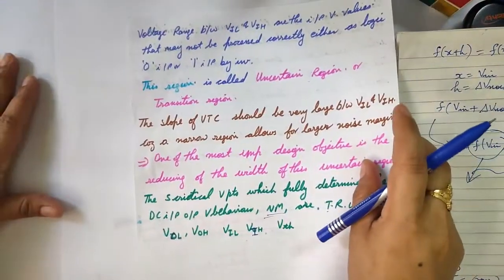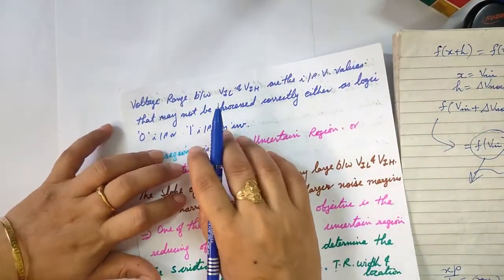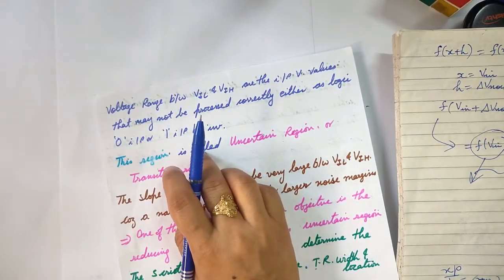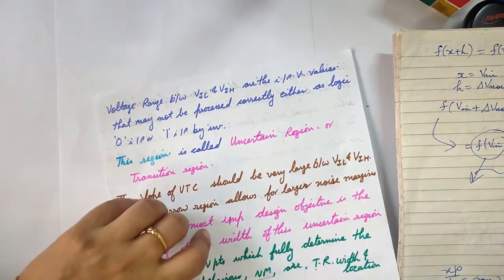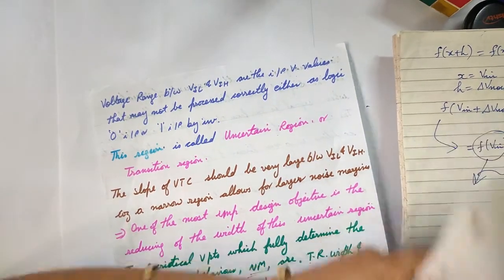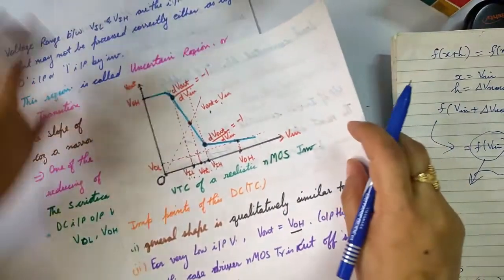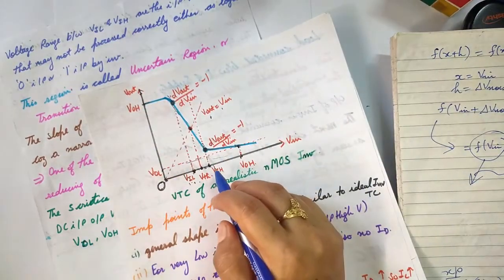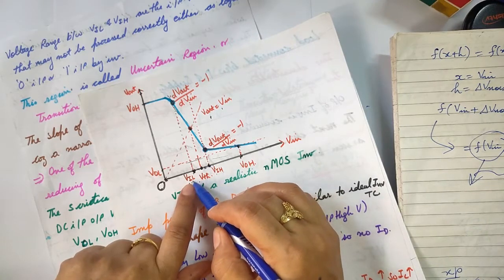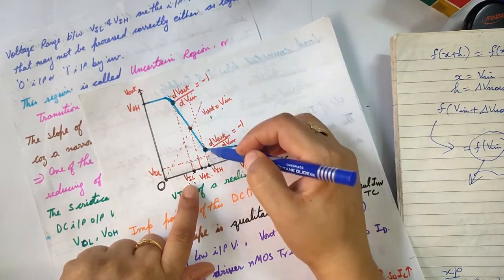So moving ahead, the voltage range. Now we talked about the VTC graph. There we saw the transition level, and that the region between VIL and VIH is where the transition takes place.